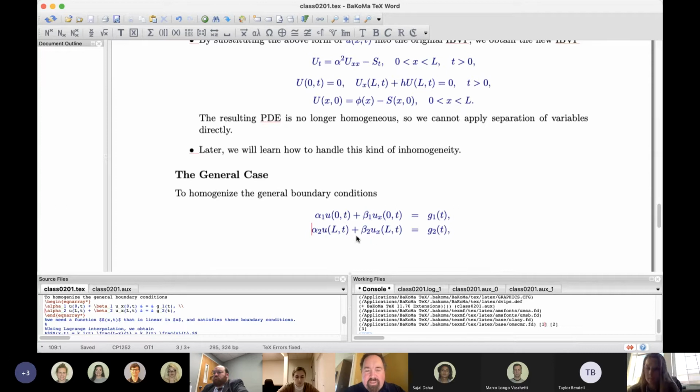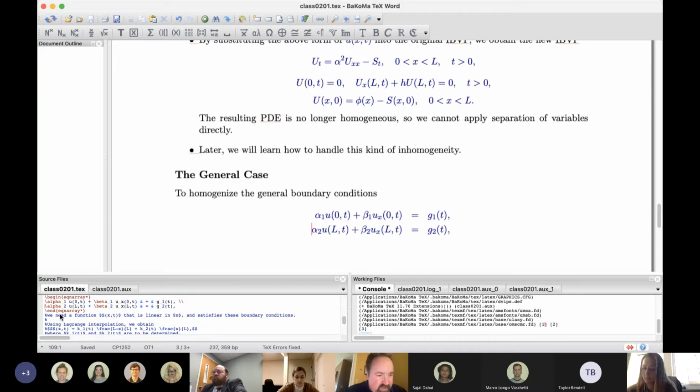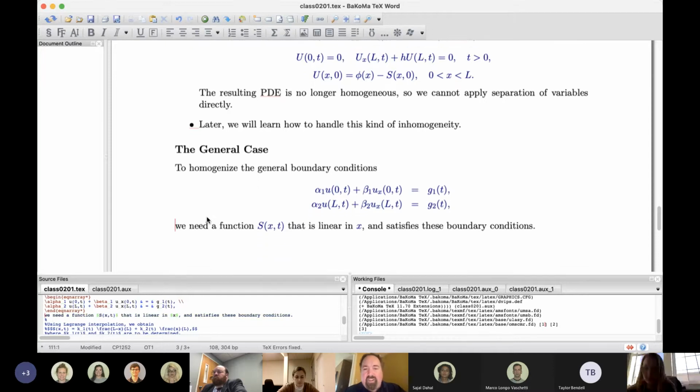And then this linear combination of u and du/dx at x equals L is equal to some other function of t. How do we handle that? Both the examples that I've shown you so far fall into this category for different values of alpha and beta. So you have any linear combination at the two ends.